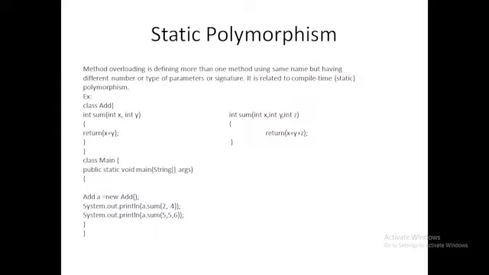Whereas in the second method, the same method name is sum, but instead of 2 arguments, 3 arguments are passed. So during invoking, depending upon the number of arguments passed, the corresponding method will be invoked. This happens during compilation time. That is why it is called static polymorphism.